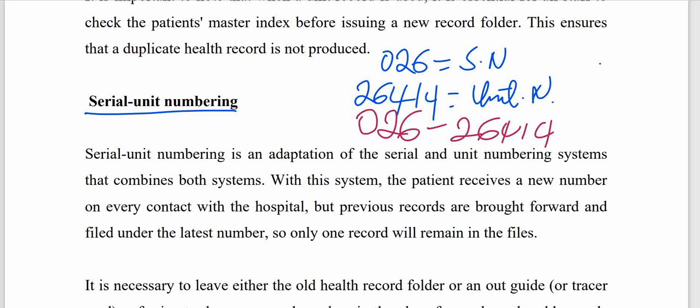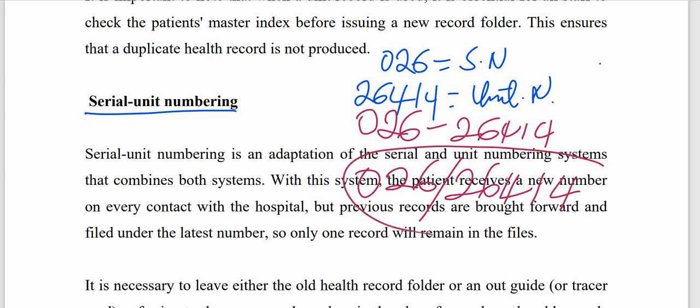Or we assign it by saying 0, 2, 6, we stroke and we say 2, 6, 4, 1, 4. So this becomes serial unit numbering system. And also this becomes serial unit numbering system.